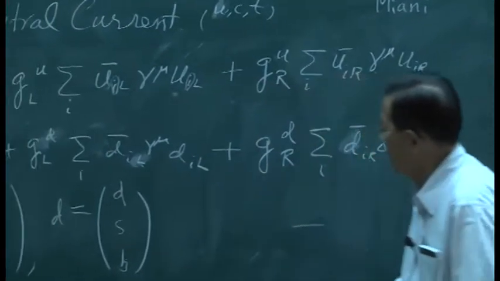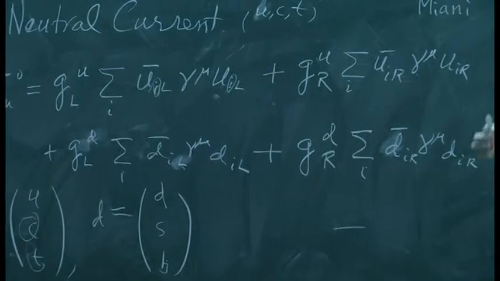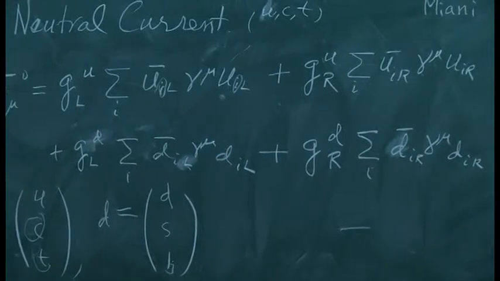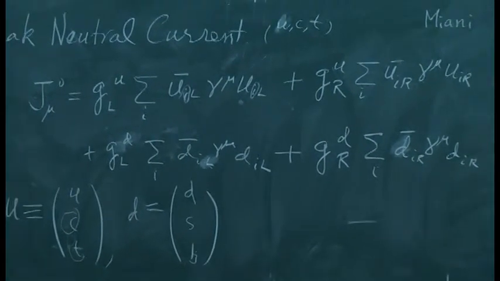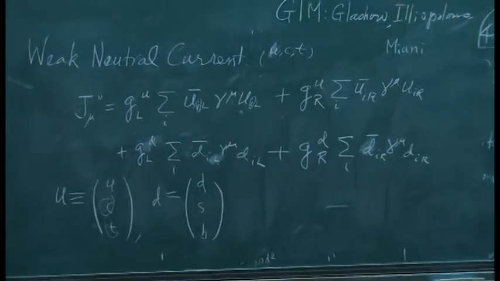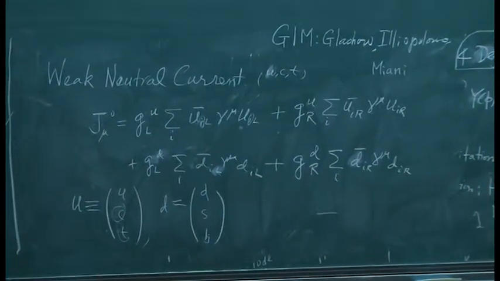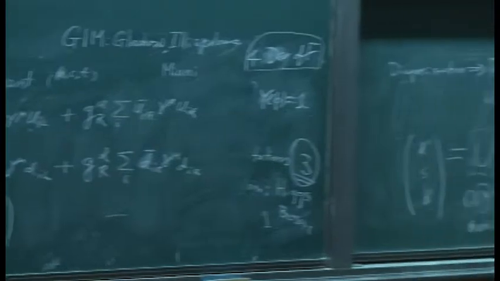So, if a generation is complete, when you do the unitary transformation, this property will be preserved.